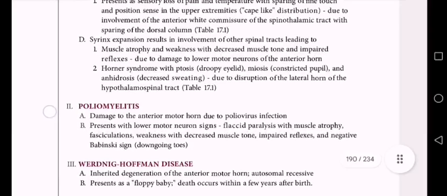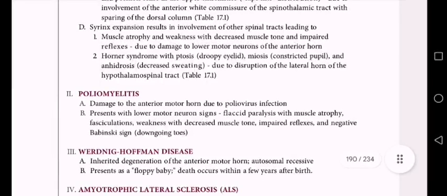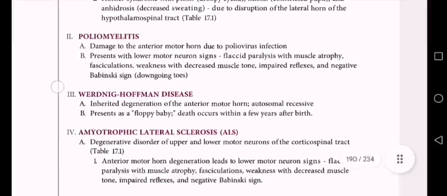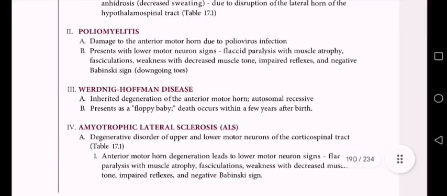So, next one would be Werdnig-Hoffmann disease, inherited degeneration of the anterior motor horn, autosomal recessive. So, presents as floppy baby that occurs within a few years after birth. Next up is amyotrophic lateral sclerosis, ALS.